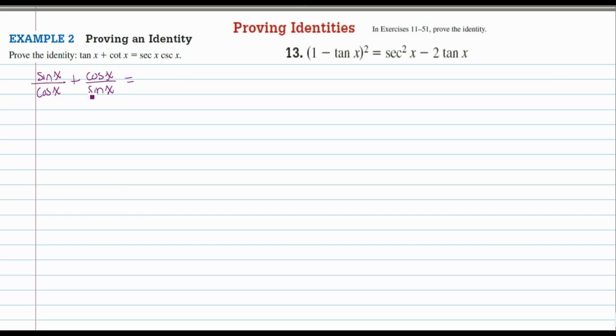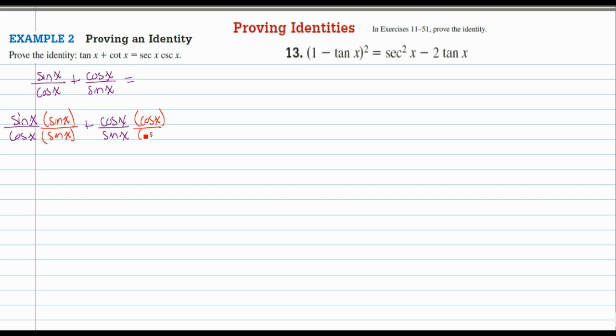Now they do not have a common denominator, so I'm going to write sine of x over cosine of x times, and I'm going to give this guy a sine of x in both the numerator and denominator, plus cosine of x over sine of x, and I'm going to give this guy a cosine of x.